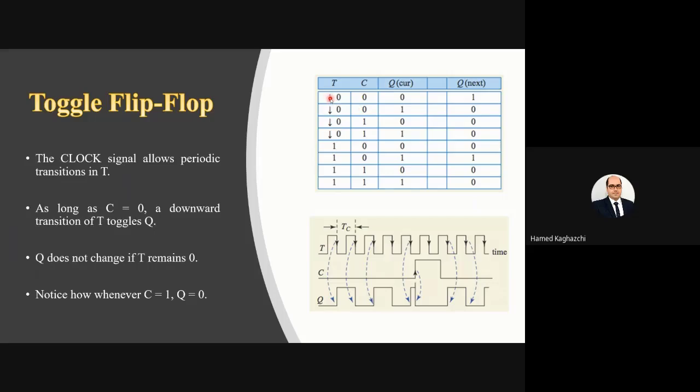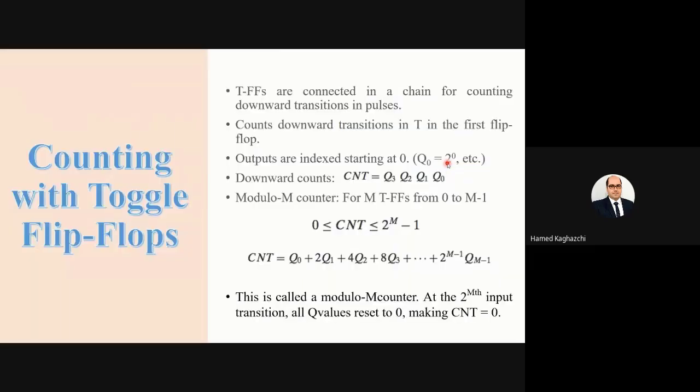This arrow represents the downward edge of the toggle flip-flop. As an application, we can use this flip-flop for counting.